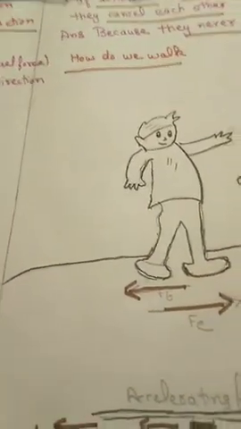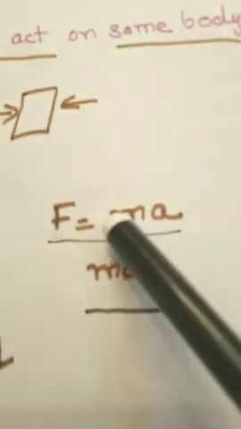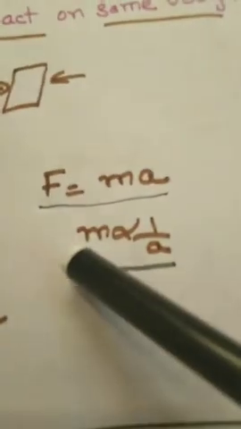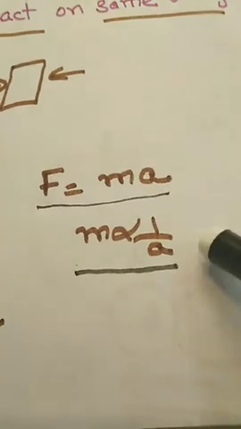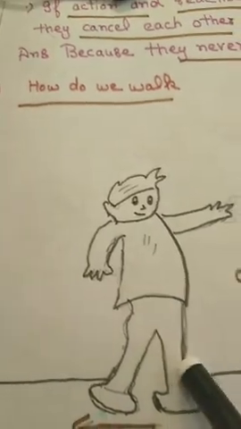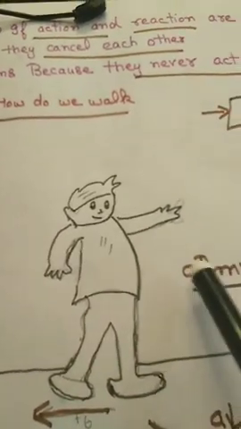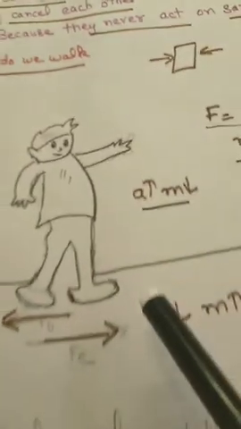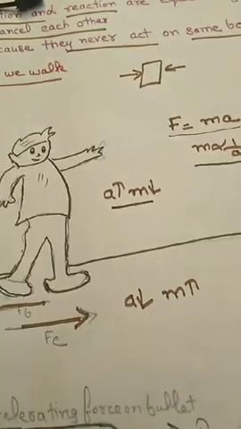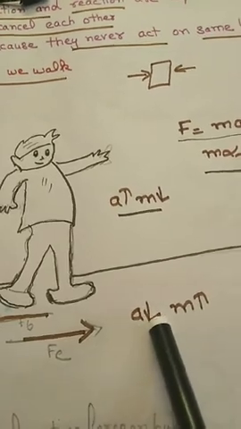So according to Newton's second law, F is equal to the product of mass and acceleration, and mass is inversely proportional to acceleration. Higher the mass, lesser will be the acceleration. In this case, the mass of the boy is very less, so the acceleration produced by the boy is high. But the mass of the ground is much higher as compared to the boy.